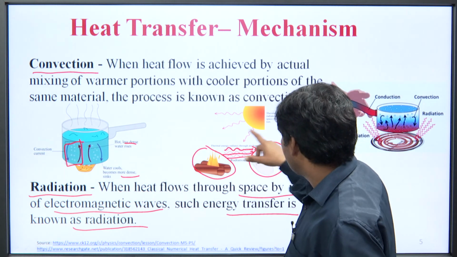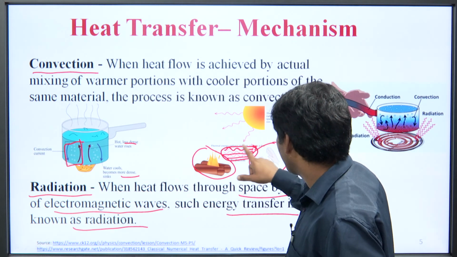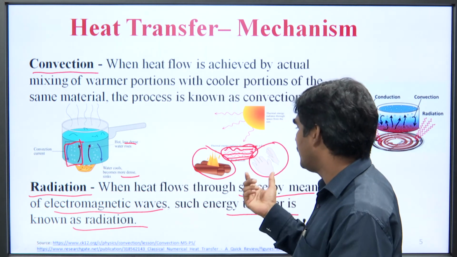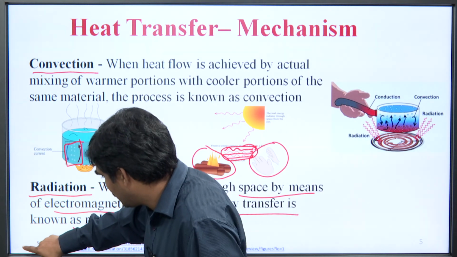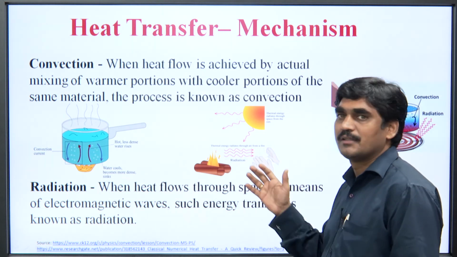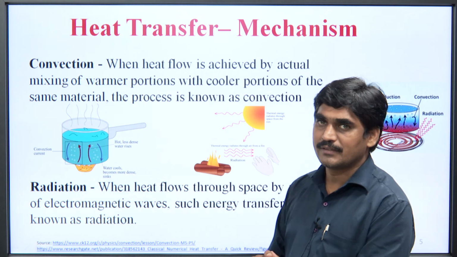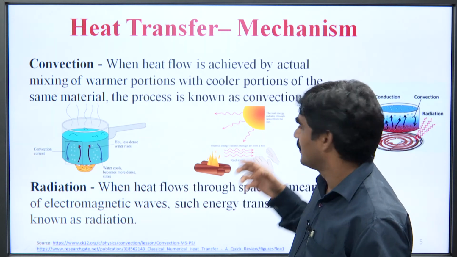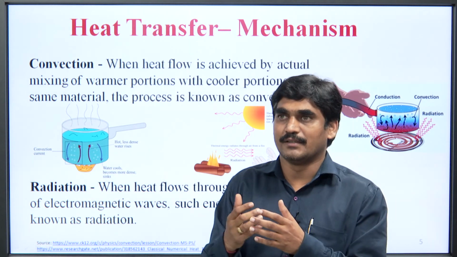So, this area is space, and the heat transfer takes place by electromagnetic waves. This process of heat transfer in space is called radiation. Another example is the sun.